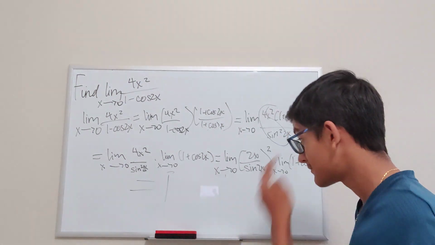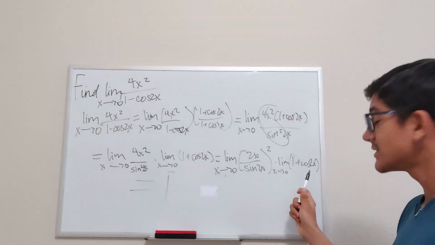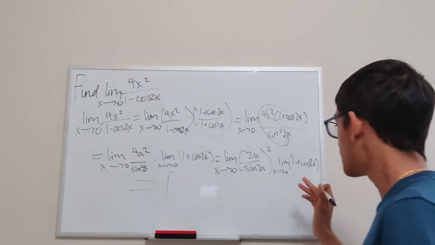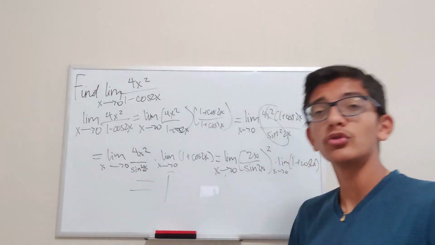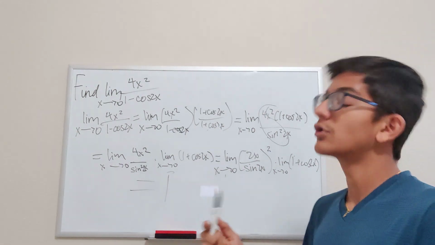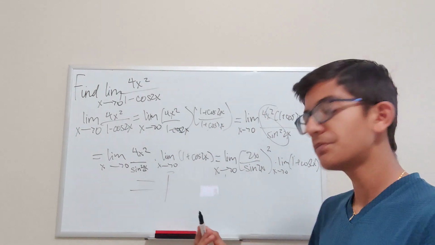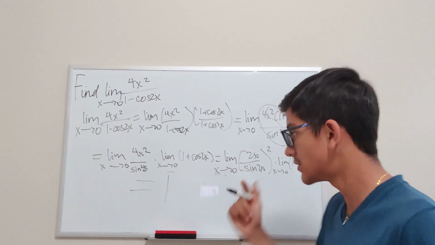It's quite fascinating. And on the other side, the limit as x approaches 0 of 1 plus cos 2x is cos of 0, because we're plugging in x approaches 0.